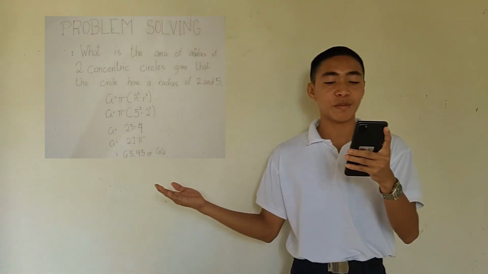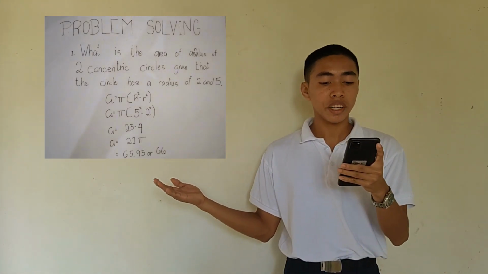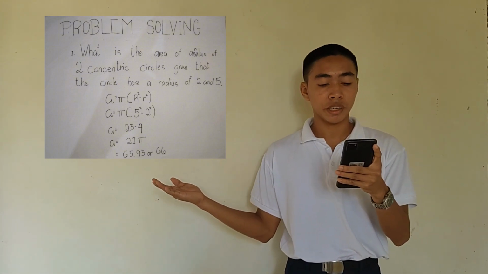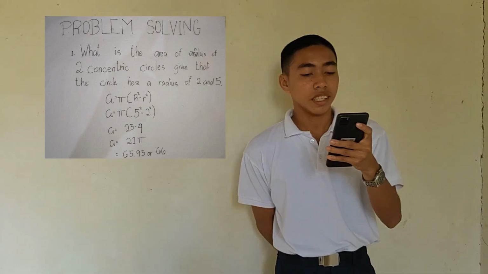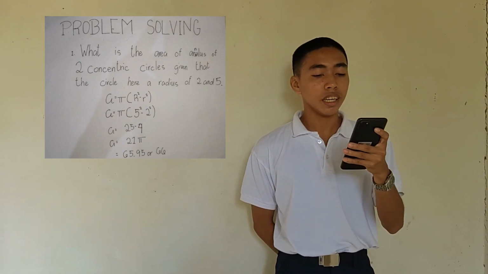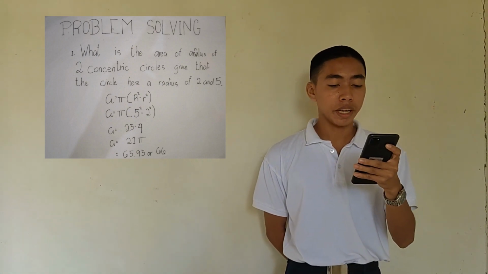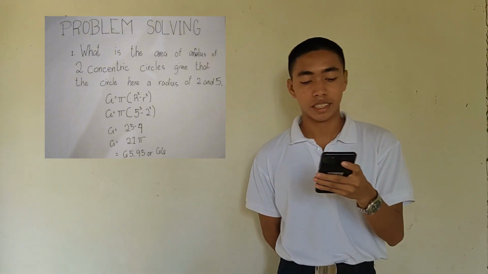For us to solve this problem, the first thing we need to do is write the formula. Area of an annulus equals pi multiplied by inner circle squared minus outer circle squared, in parentheses. Second, copy the area of an annulus equals pi multiplied by 5 squared minus 2 squared, in parentheses.